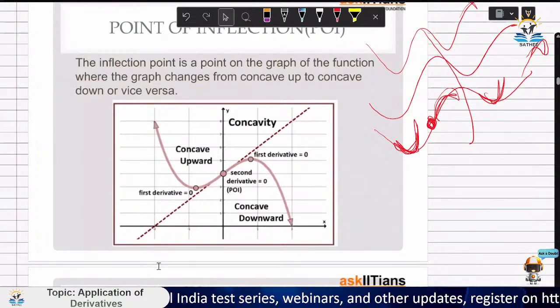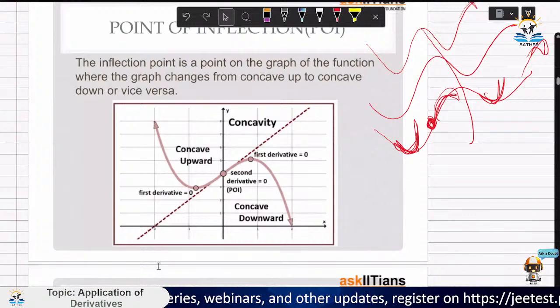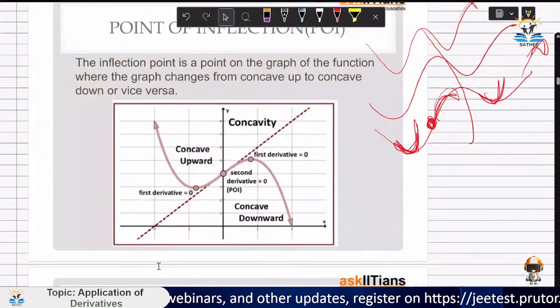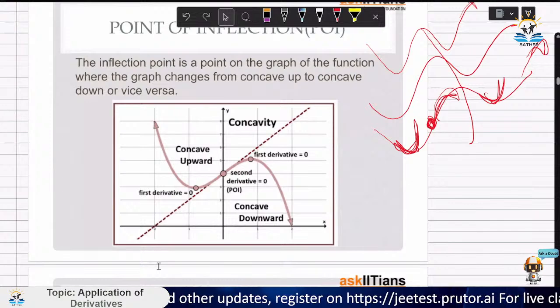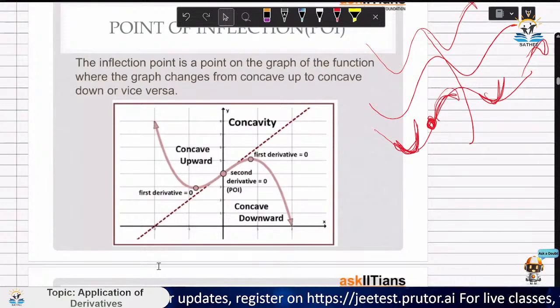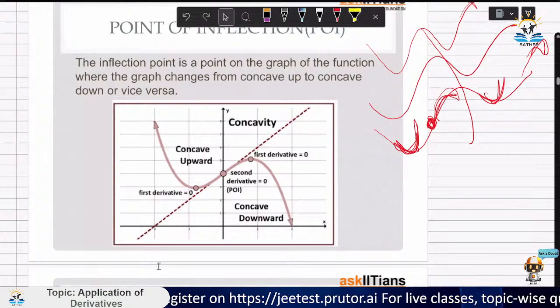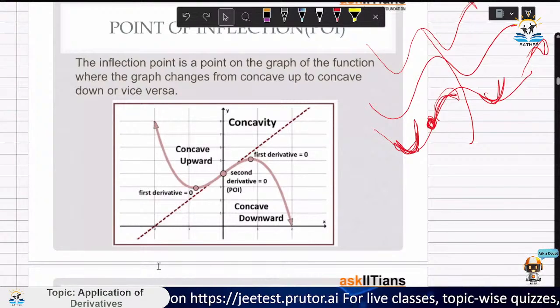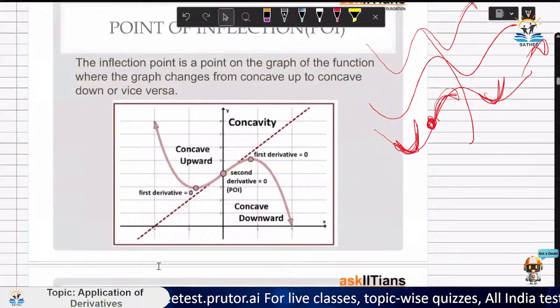So what we do here, we take t is equal to sine x. So dt becomes cos x dx.